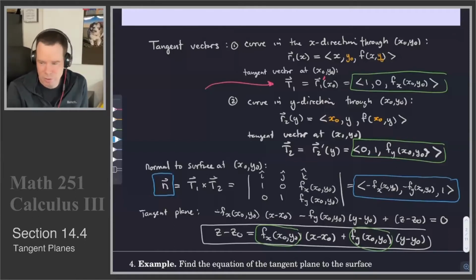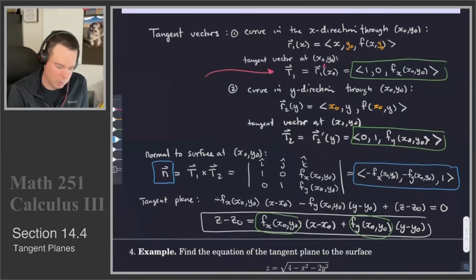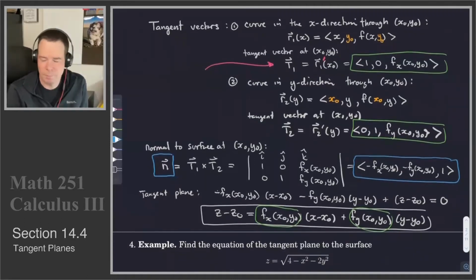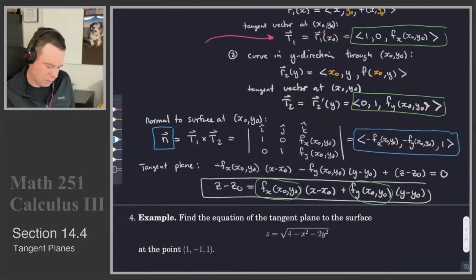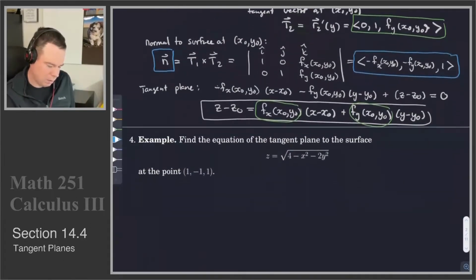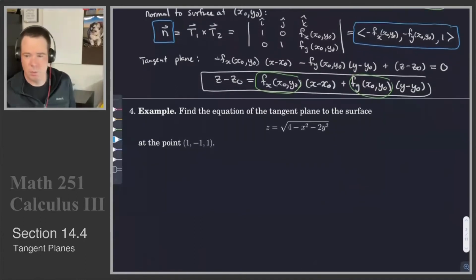And we can either put the negatives on the x and y partial, or we can negate this whole vector, just have the vector that points in the opposite direction, and that would be f sub x, f sub y, and negative 1. Either one can be used as a normal vector, but it means that there's a nice way to just compute that normal vector. All right, so that gives us our expression for the tangent plane, which means it just depends on the x and y partial derivatives.